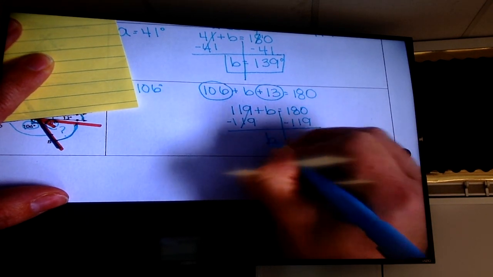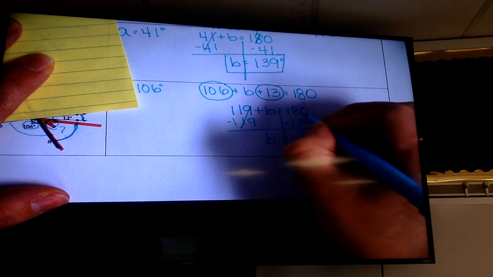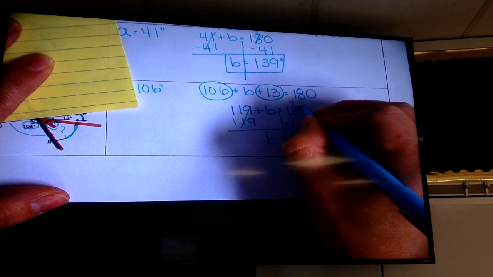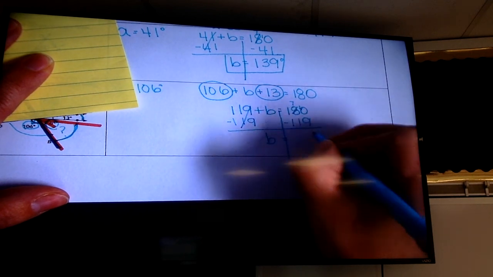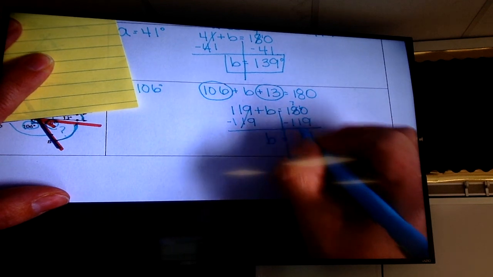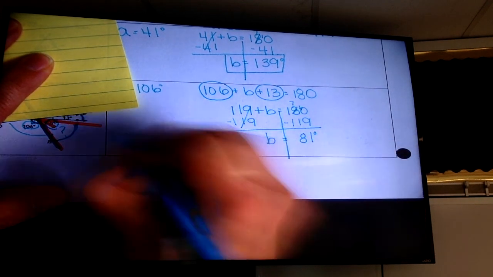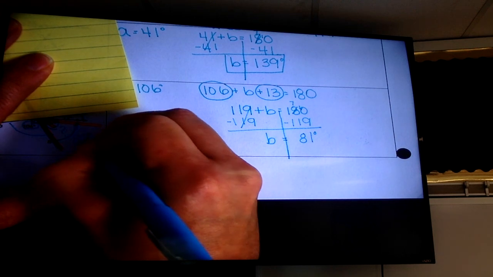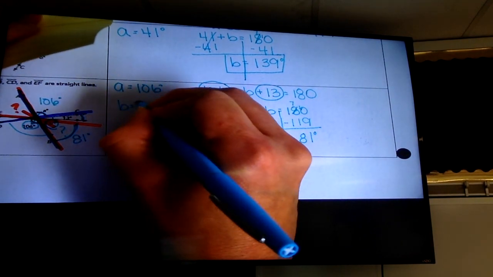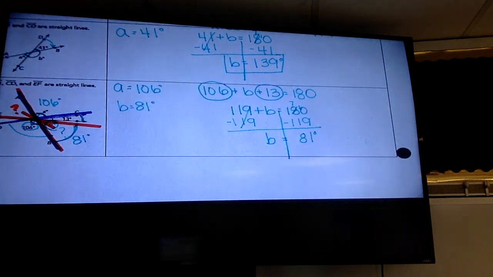So those will cancel out, leaving me just B. Then I'm going to need to borrow here, so that 8 is going to become a 7, and that 0 becomes a 10. 10 minus 9 is 1. 7 minus 1 is 8. And 1 minus 1 is 0. So I know angle B is worth 81 degrees. So I figured out that angle B is worth 81 degrees.